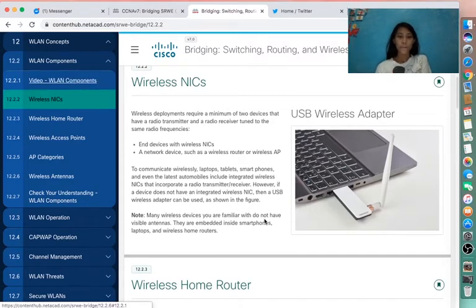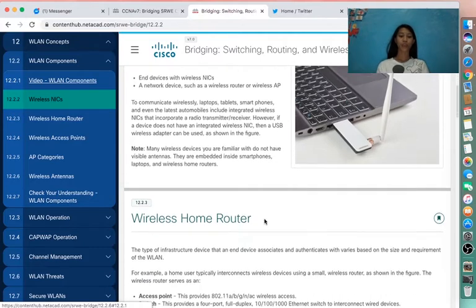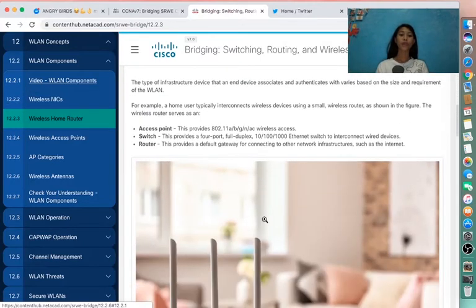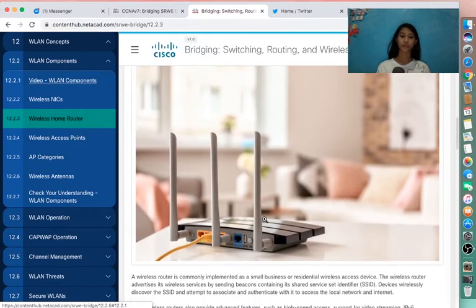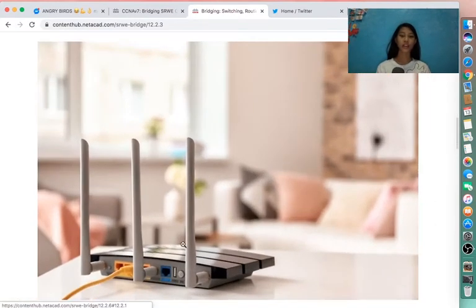These use the same radio frequencies, with devices having wireless NICs and a network device such as a wireless router or wireless AP. A wireless home router serves as an access point, switch, and router. And this is our router.